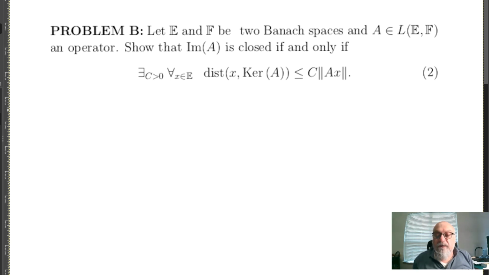That means there exists a constant C larger than 0, such that for every x belonging to E, the distance between the point x and the kernel of A is smaller or equal than the constant C multiplied by the norm of A of x. So let me start and let's write it down. Solution.